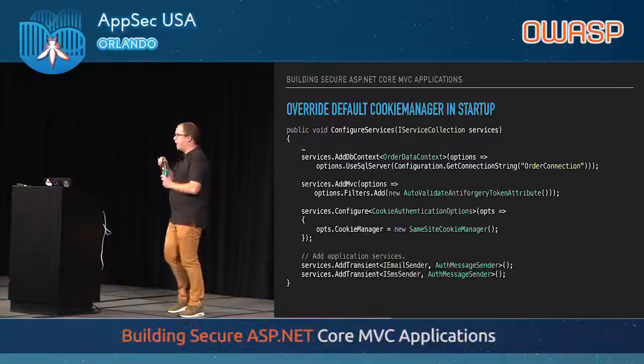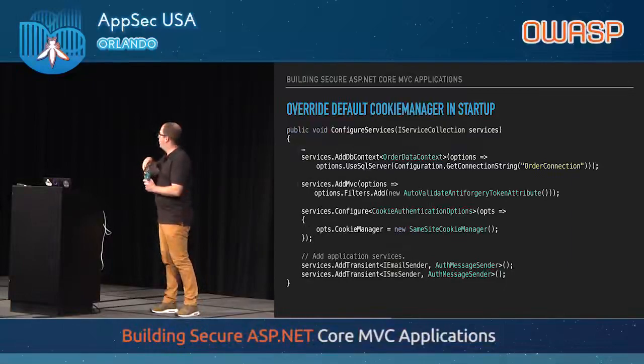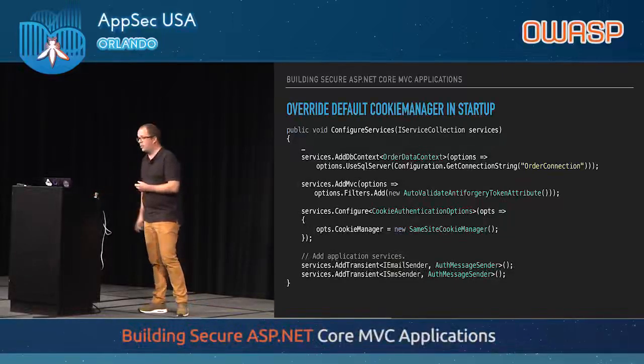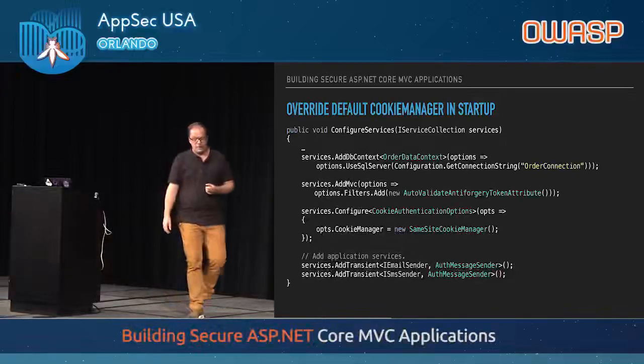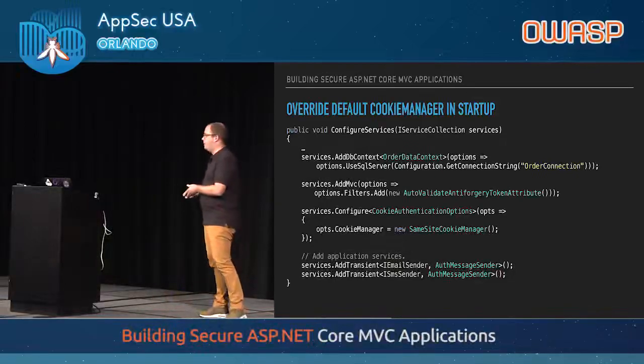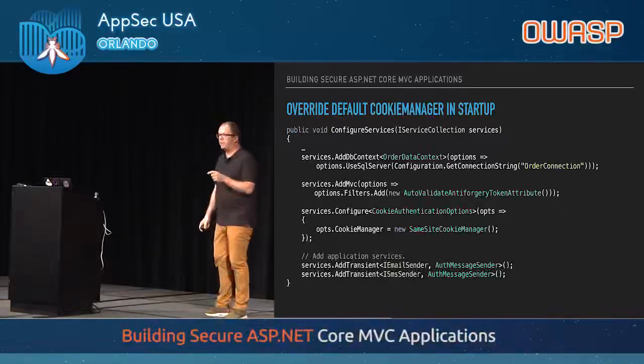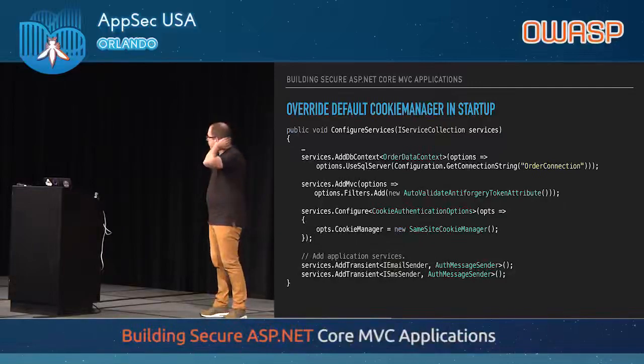In this case, I'm replacing the cookie manager for the authentication options with my own same-site cookie manager, and this is sufficient. Aside from the fact that, of course, the same-site cookie manager needs to be implemented, it allows you to replace it. In my demo app, there's the implementation. You can figure it out after the session, but it will have the same-site flag added to your cookie. It is nice. Okay, so it's doable, right?